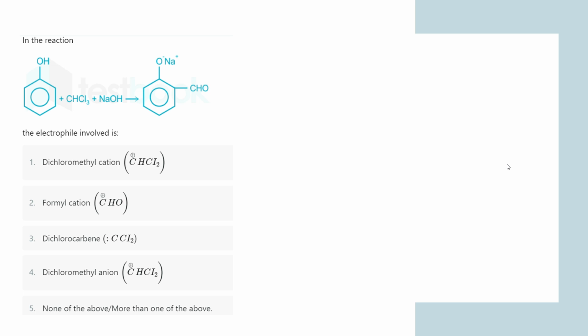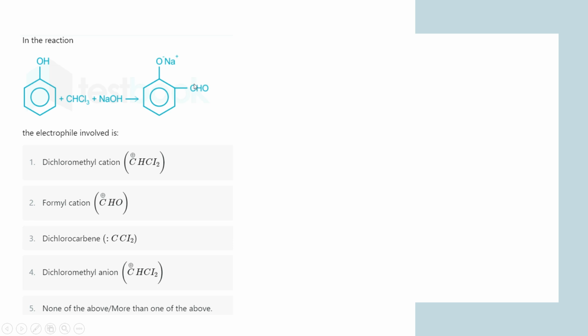Then let us move to the next question of the topic, which is a very popular reaction of phenol. You are given a reaction condition here, where we are treating phenol with chloroform and sodium hydroxide, and this kind of product formation is being shown.